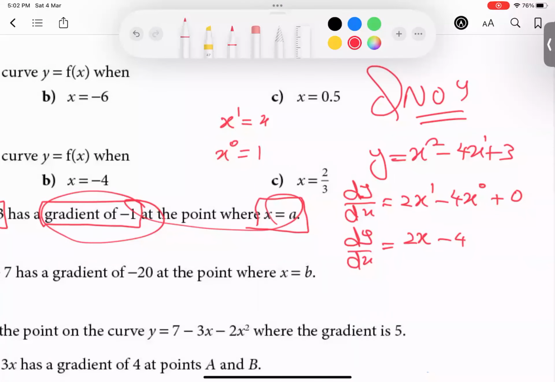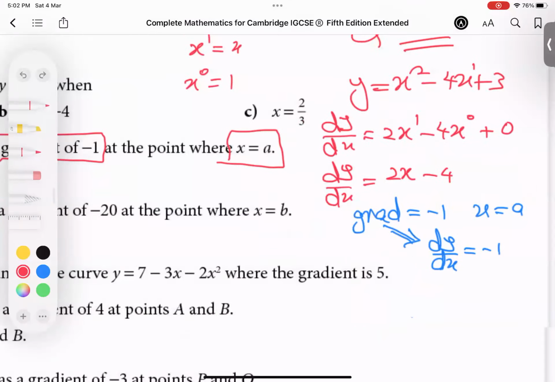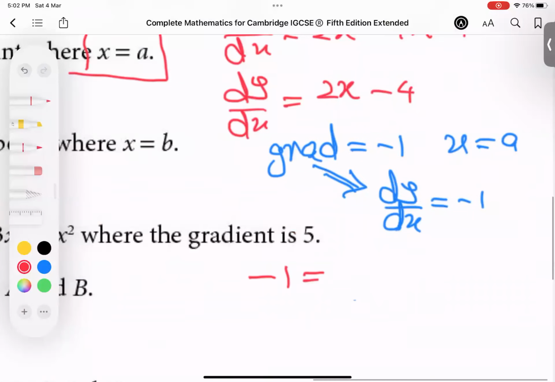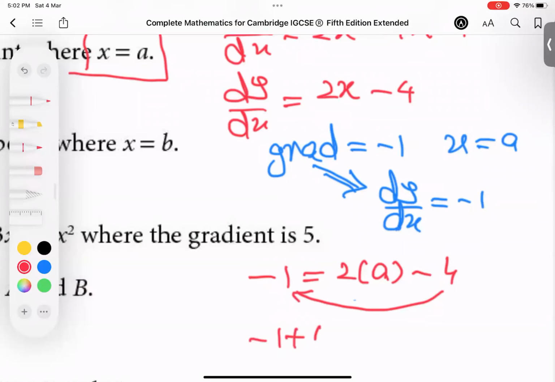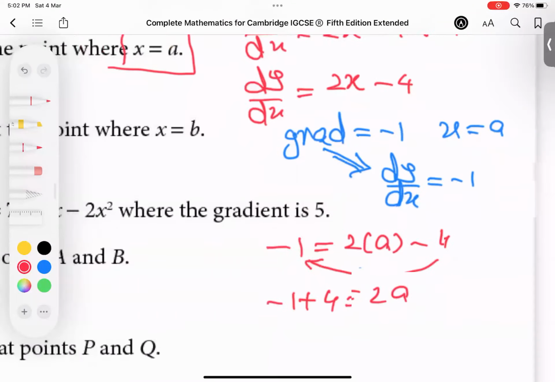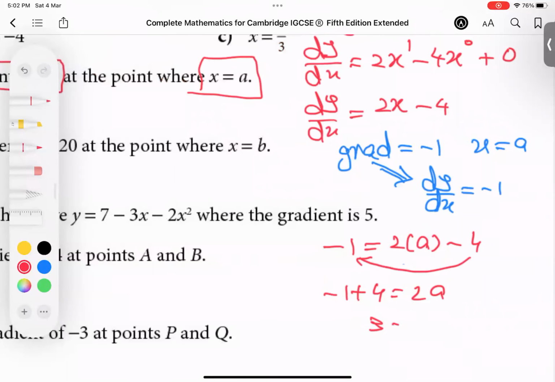Minus 1 will go here, so my students, minus 1 will go on the left hand side. In the place of x will go a. So 2 times 2a minus 4. 4 will go on this side. Minus 1 plus 4 equals 2a. I get 3 equals 2a. And alhamdulillah, I got the answer.